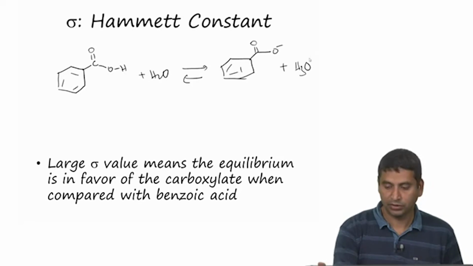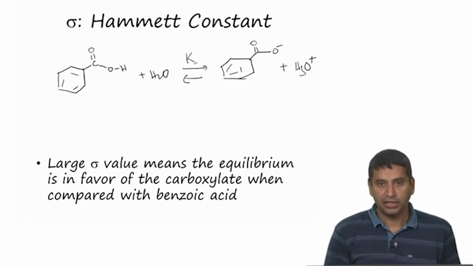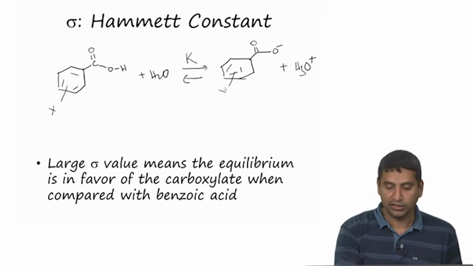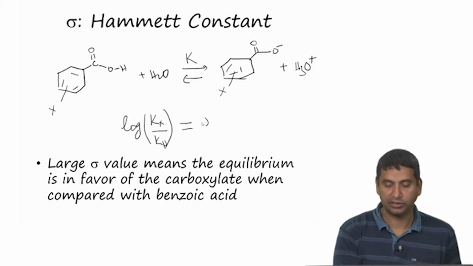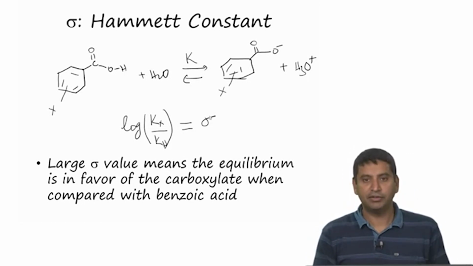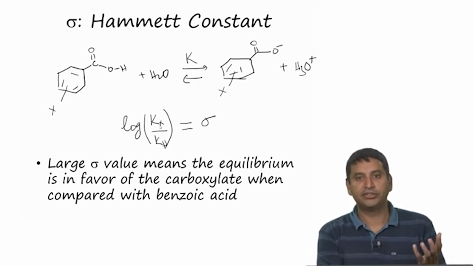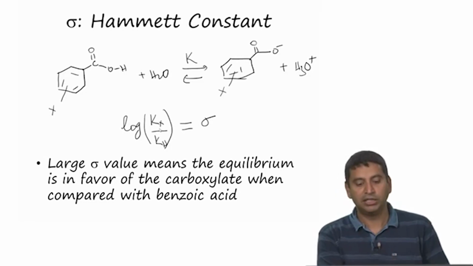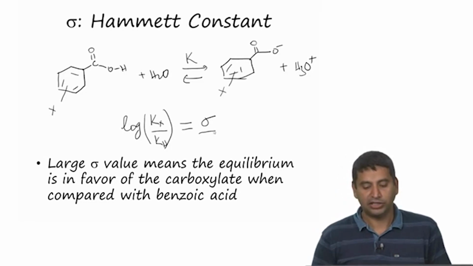He took this equilibrium, which we write as, let us say, K, and by putting a substituent x on this, he defined a parameter known as log of Kx by Kh. This he called sigma. If I have a substituent x that increases the equilibrium constant, which means it becomes a better acid, which means the conjugate base is more stable, then I would have a higher sigma value.